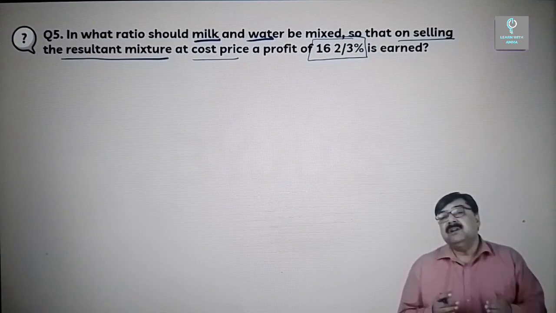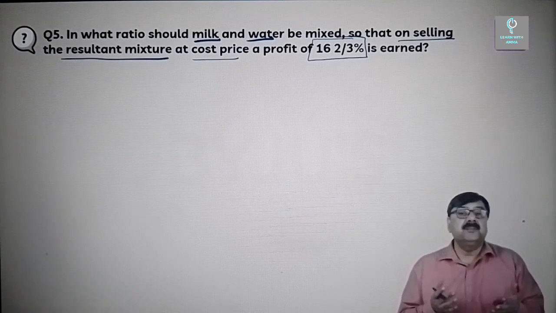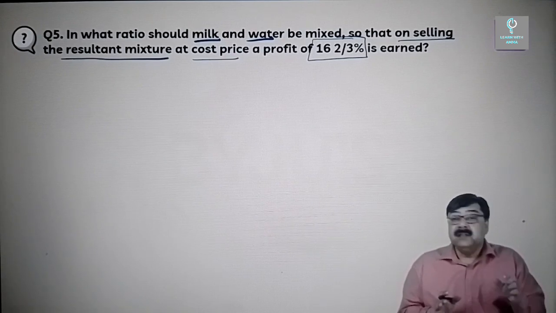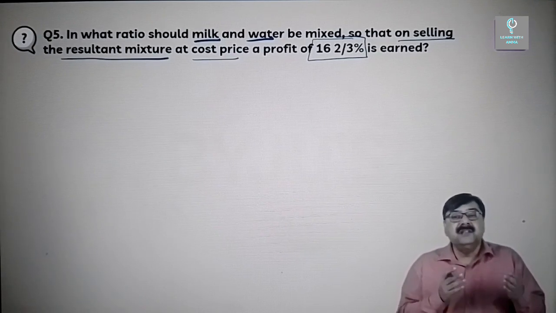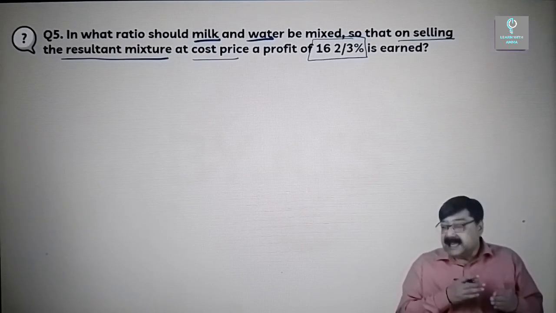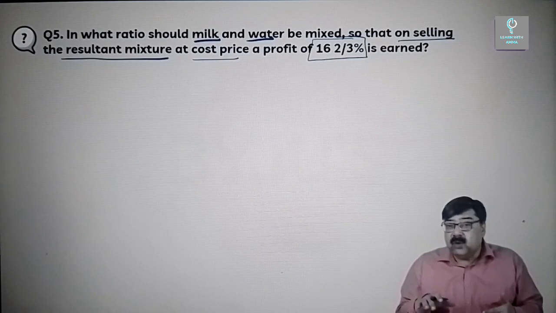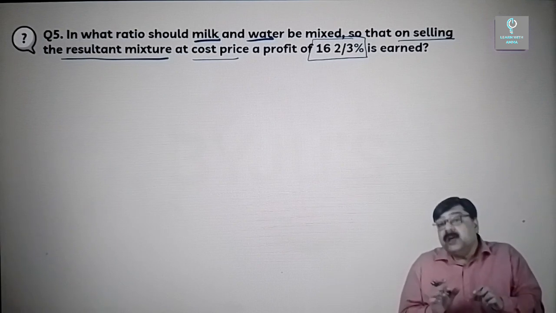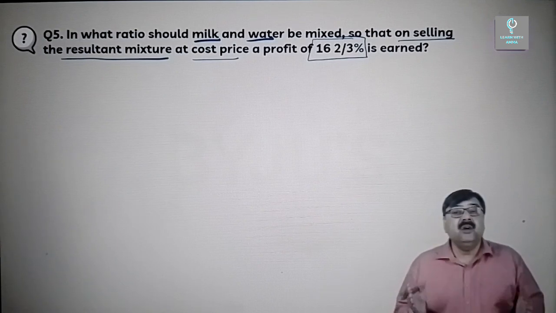Because he's selling the mixture at cost price, he is not earning any profit on selling the pure milk. Because if, let us say, he has bought pure milk at rupees 1000, he's selling the complete mixture after mixing water at rupees 1000, out of which he will be selling only pure milk at cost price.